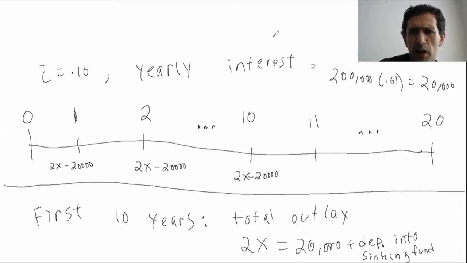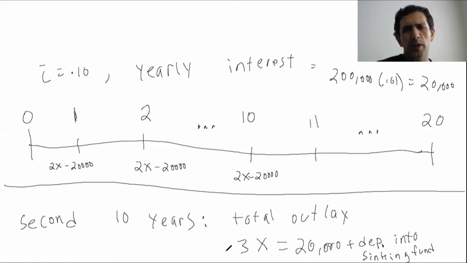Okay. So for the second 10 years, well, total outlay is 3x. But still, when you're doing a sinking fund, again, you're paying off interest at the end of each year, plus your deposits into the sinking fund.